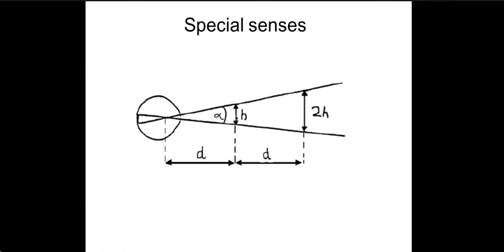The small letter makes a 5-degree angle from a short distance, and the big letter makes a 5-degree angle from a greater distance. Am I clear?